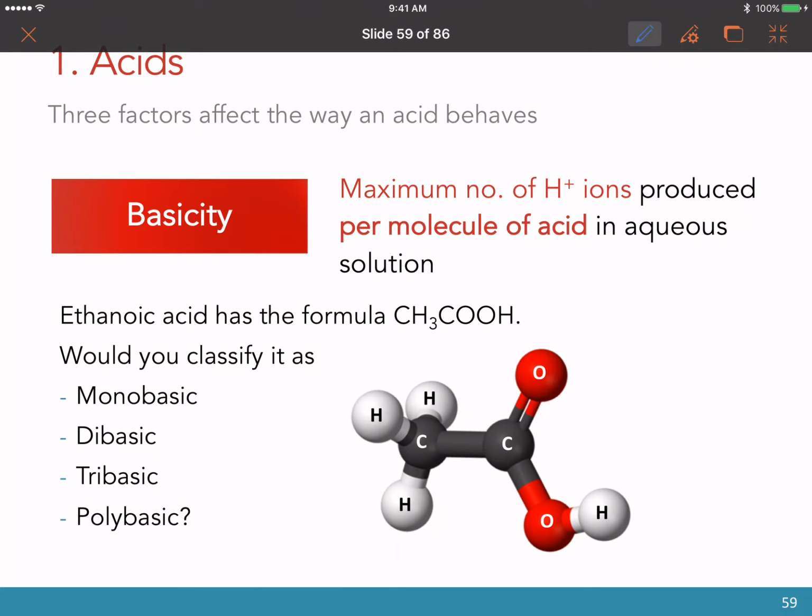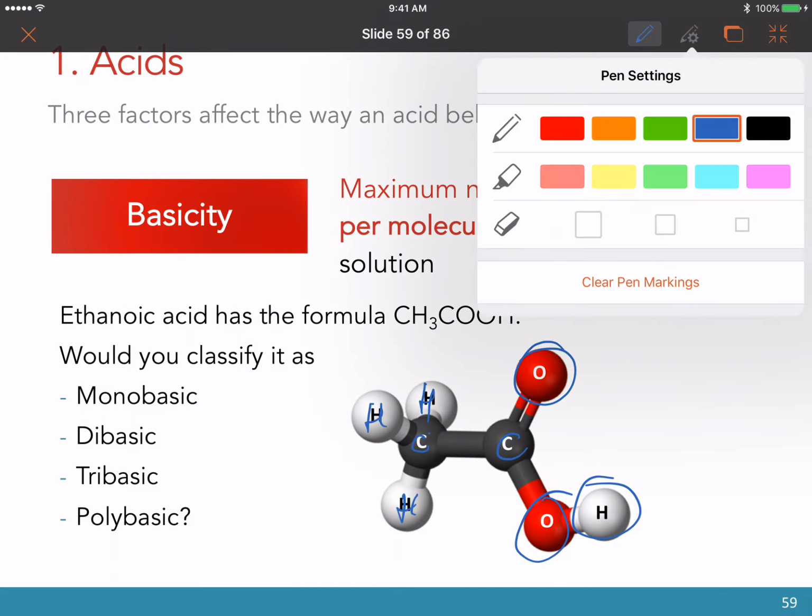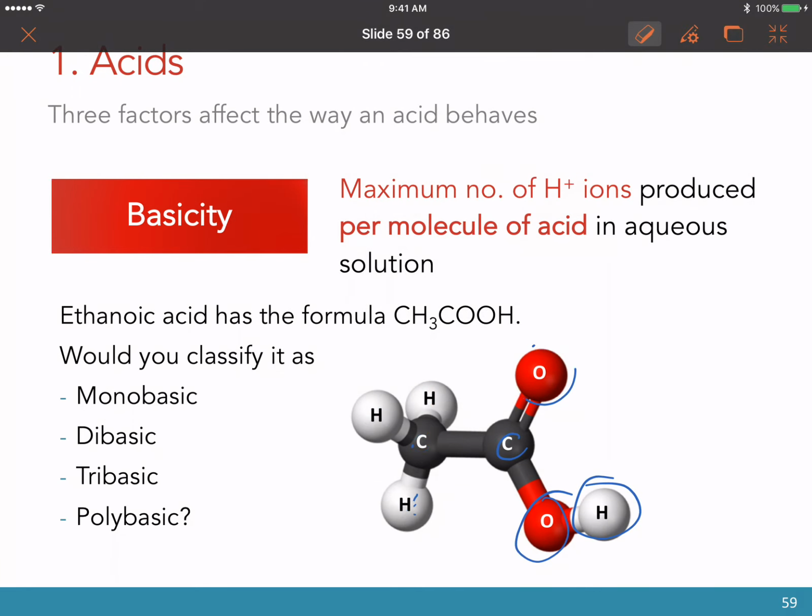Next, here's the structure of ethanoic acid, CH3COOH. Based on this drawing, do you think it's monobasic, dibasic, tribasic, or polybasic? The answer is that it is only monobasic.